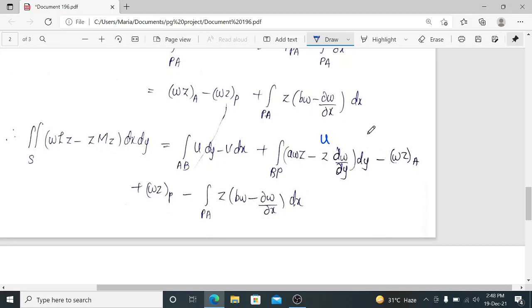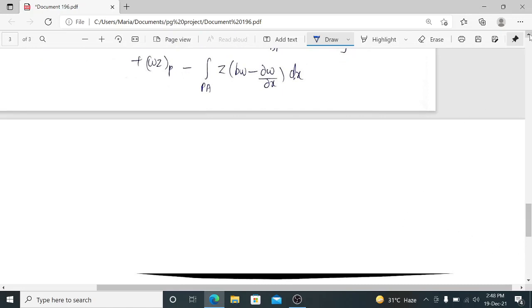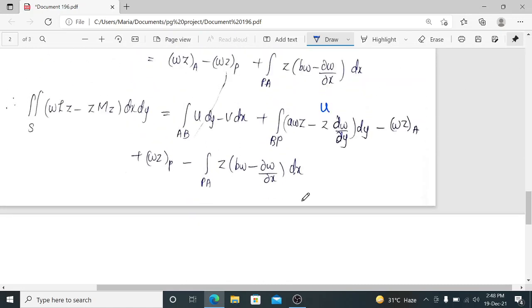Then substitute the value of the integral along PA. So we'll get minus wz evaluated at A plus wz evaluated at P minus the integral along PA z dw minus ∂w/∂x dx. So that is the value of the double integral over S of WLz minus zMw.